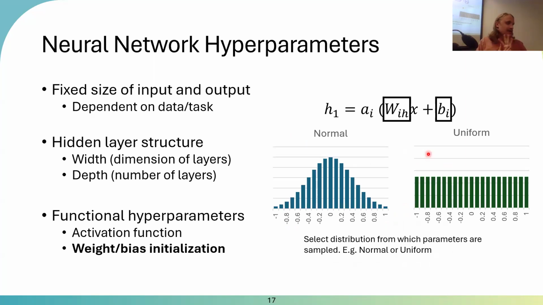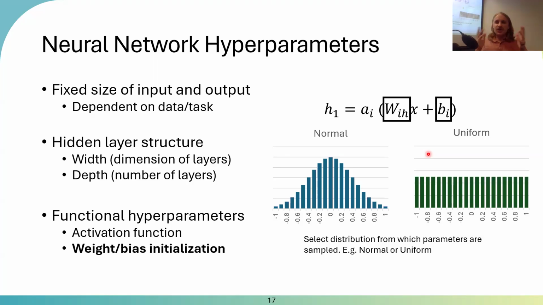And then another hyperparameter that you want to consider, and that arguably is the most black magic in this particular part, is how exactly you're going to initialize your weight matrices and your bias vectors. Initialization is saying what values we start with, and what distributions we're going to be pulling them from. Admittedly, there are wide swaths of research into how exactly you want to initialize this, depending on what sort of structure you have.